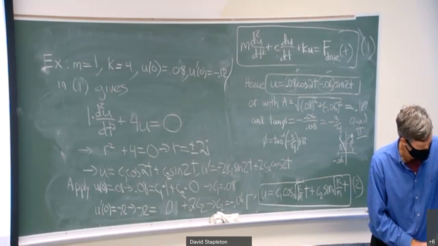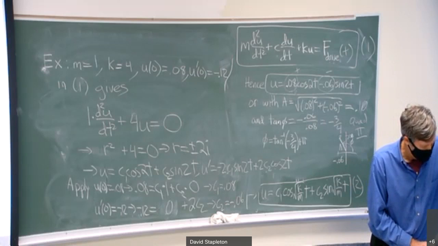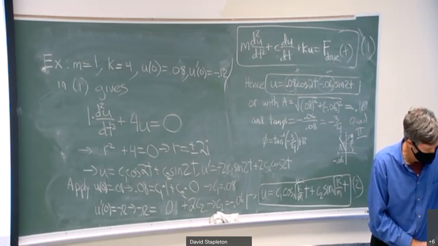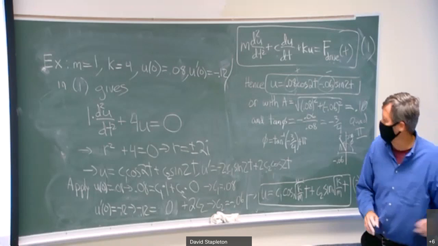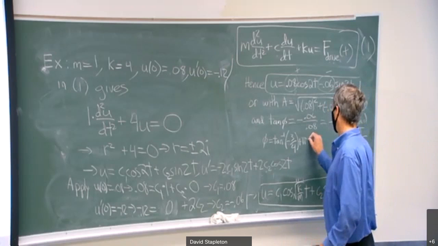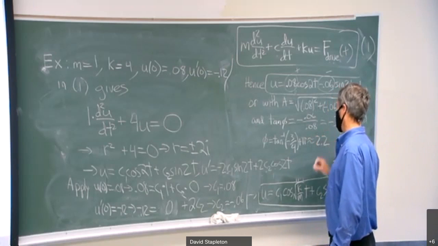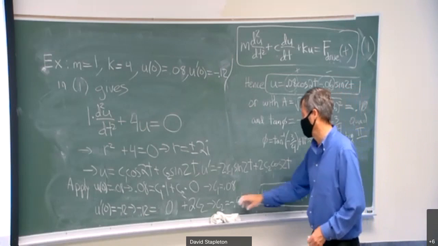Oh, the next one. Here it is. It's about 2.2. There it is. Rounding to 2 digits since the other ones were presumably rounded to 2 digits.